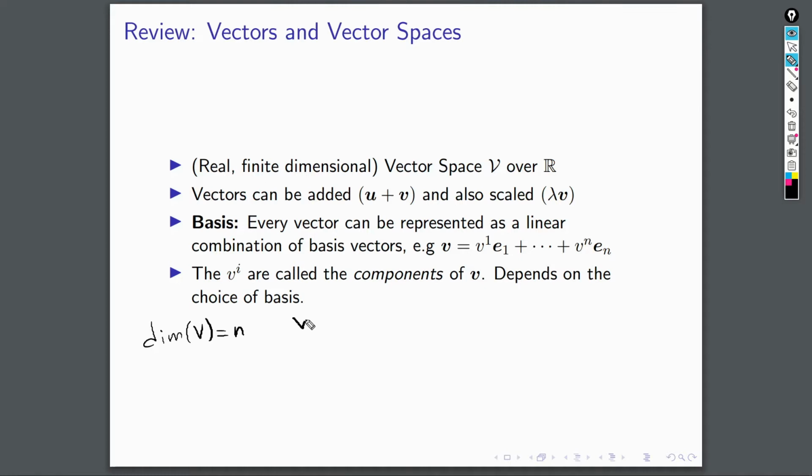Then if I take any v in our vector space, it can be represented as this sum of its basis elements, as I've shown here. And the important point is that it depends on the choice of basis.